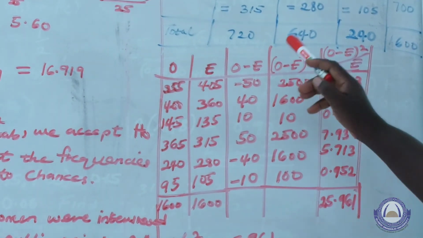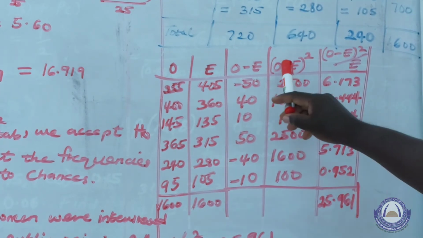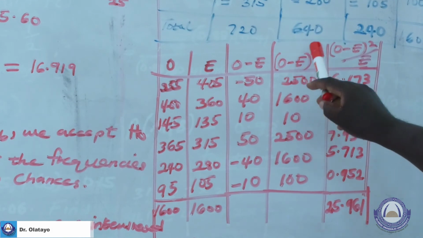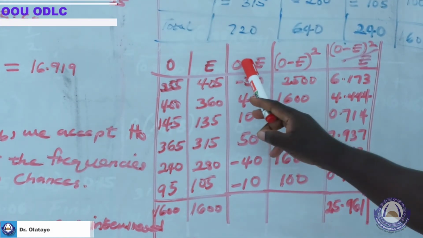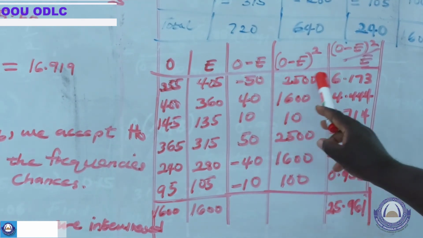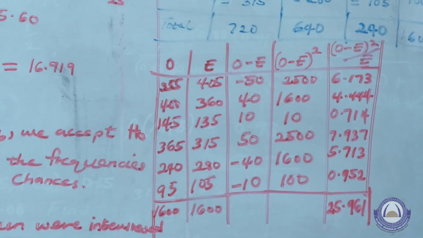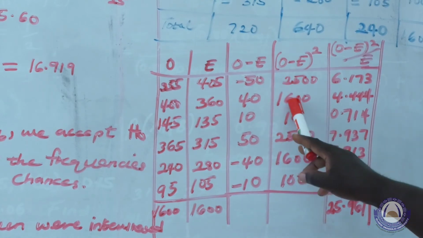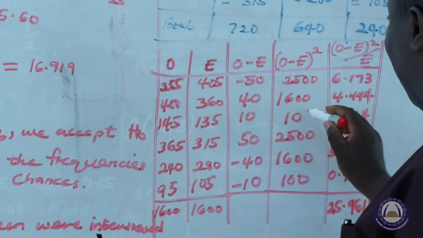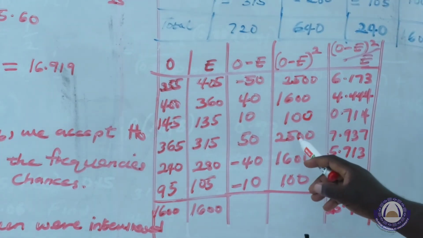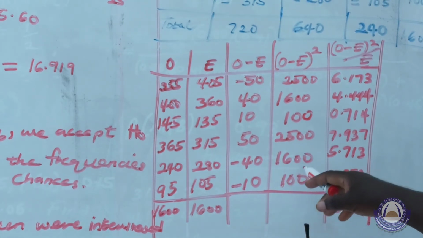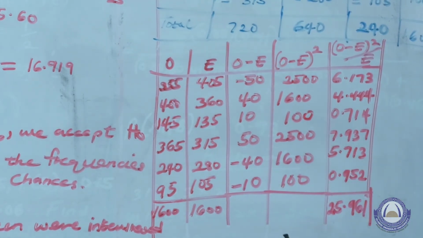Now we go to the second row, that is observed minus expected, all squared. When we've subtracted, we square all the figures. 50 squared will be 2,500, 40 squared will be 1,600, 10 squared will be 100, 50 squared will be 2,500, minus 40 squared will be 1,600, and minus 10 squared will be 100.